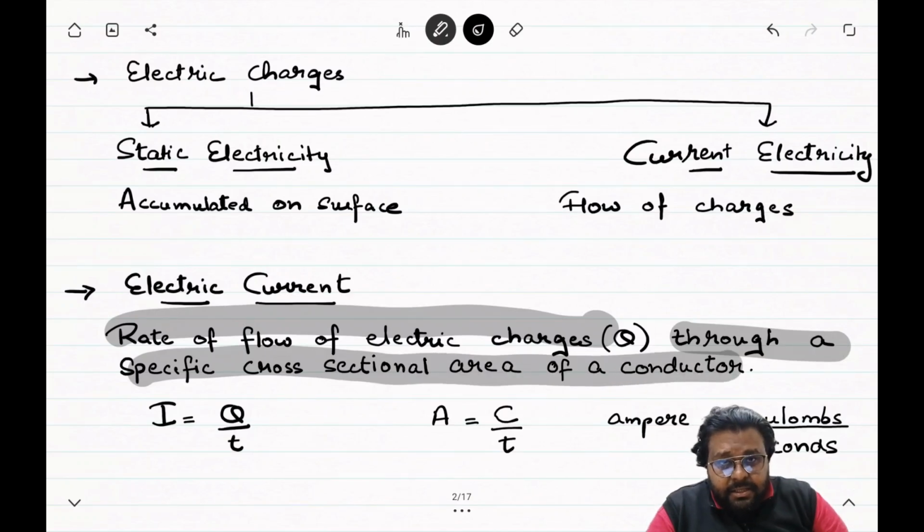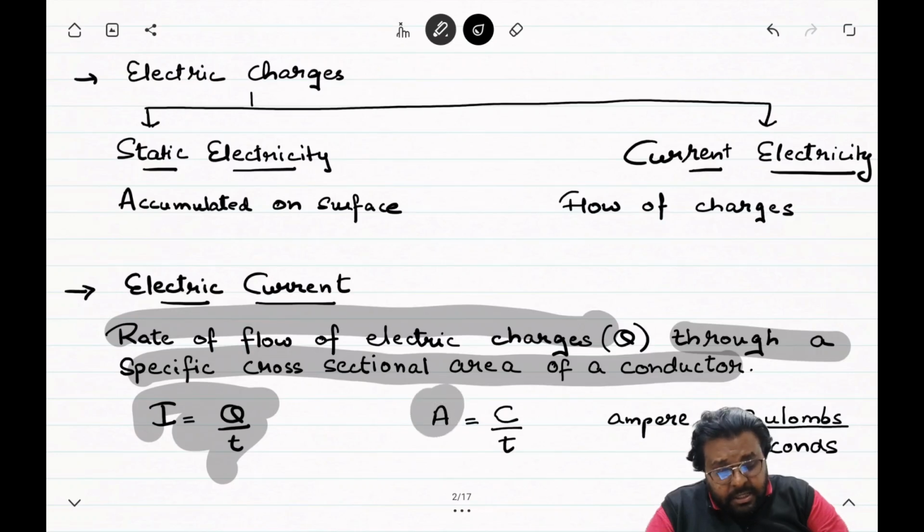If I have a conductor and I am counting at a particular cross-section, the rate of flow of charge, that means total charge upon total time, will give me the rate. Whenever a rate is mentioned, it is always with respect to time. So current is Q by t.